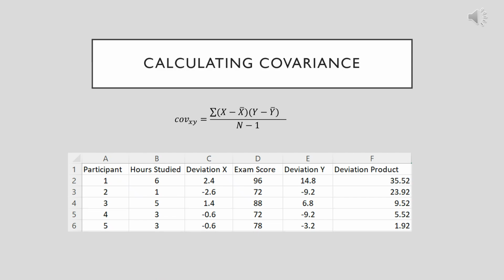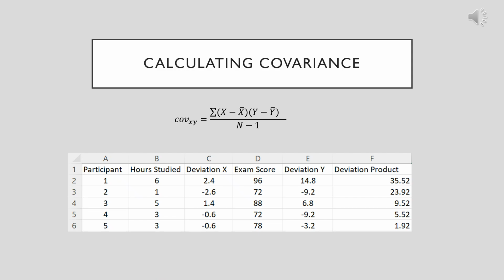So for instance, for participant 1, they have a deviation of X score of 2.4 and a deviation of Y of 14.8. So you multiply 2.4 and 14.8 and you get the deviation product just for that one person, which is 35.52. And you do that for each individual person.